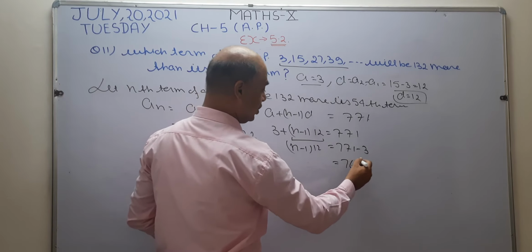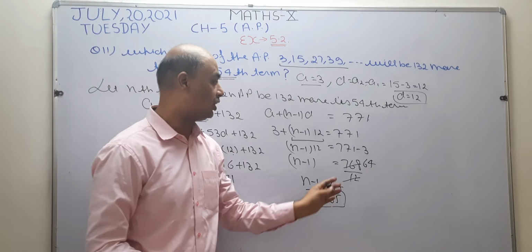So it means the 65th term of the given AP is 132 more than its 54th term. This is the answer of this question. I hope it is clear.